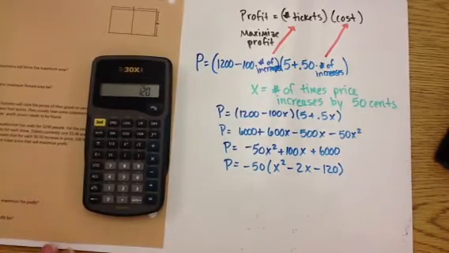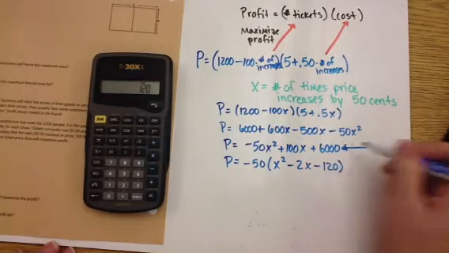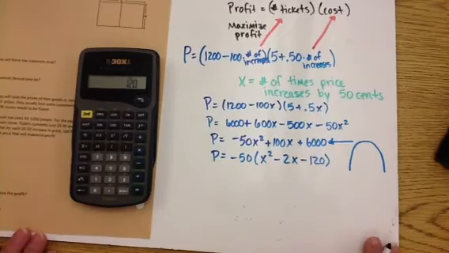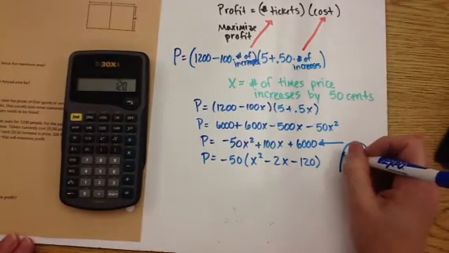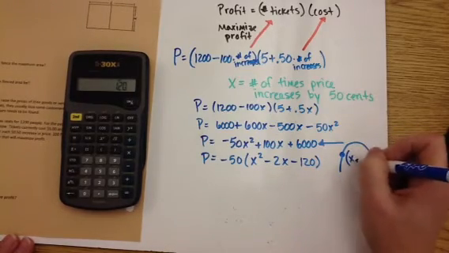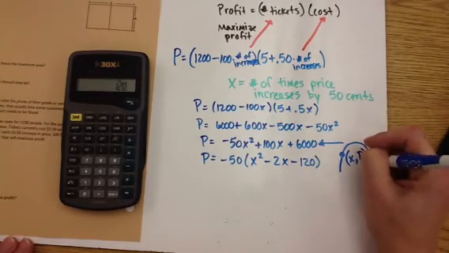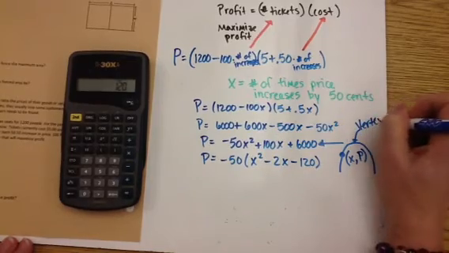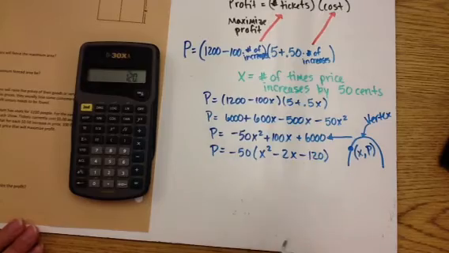Now I know that this graph is an upside down parabola, and each ordered pair has the coordinate x, which represents the number of 50-cent increases, comma P, which represents profit. So right here at the vertex is where I'm looking for the maximum profit, the highest profit. So I need to find the vertex here.